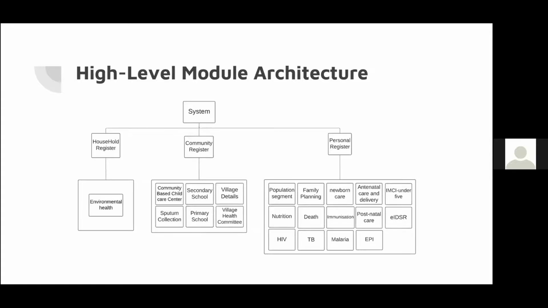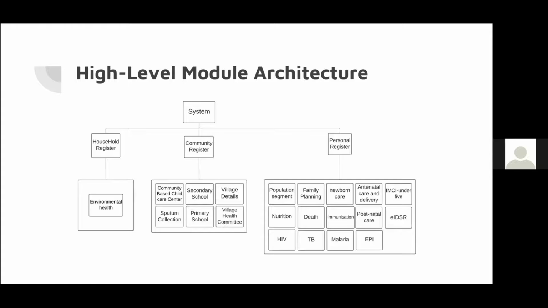In terms of the architecture for ICHIS, we have a high-level module architecture, with different registers at different levels: household register, community register, and personal register. This mimics what we have in the manual system. The household register is mostly about environmental health issues.